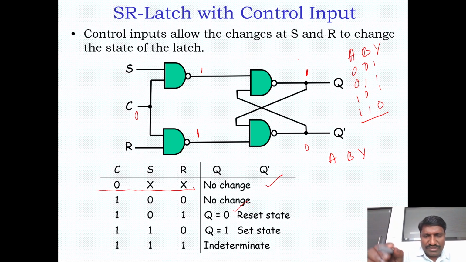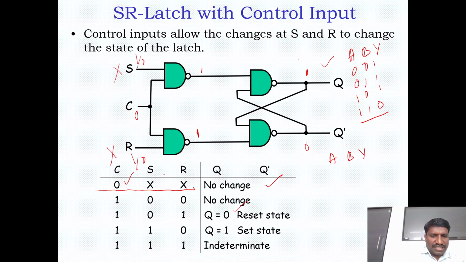That means it holds whatever it was stored with. I have assumed that there was a 1. When there is a 1, there is a 0. So here I am giving 1 1. If this is 0, I am getting 1 1 here. It doesn't matter whatever the value is, 1 or 0 here, 1 or 0 here. That's why it is don't care, don't care.